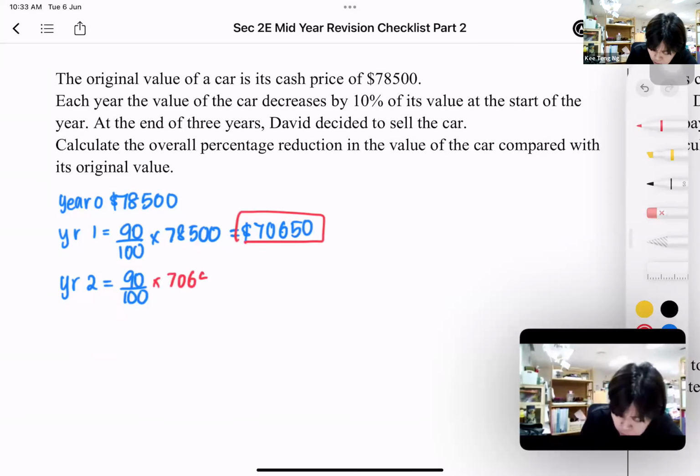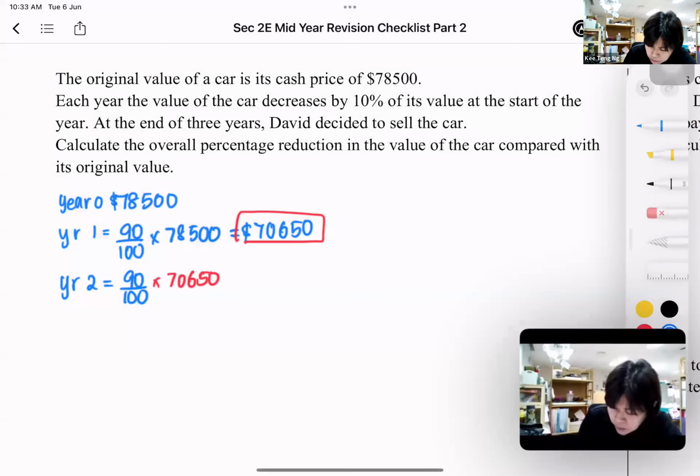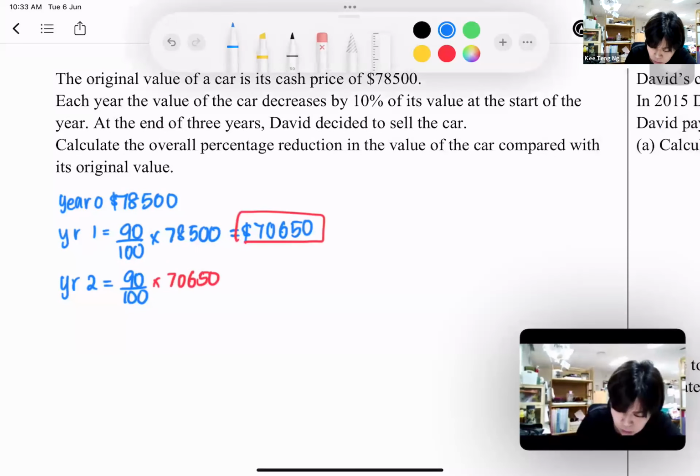The base value has changed. So the base value has changed, times 90 over 100 again, and I get a new number, 63585. Again, in year 3, I drop by another 10%.